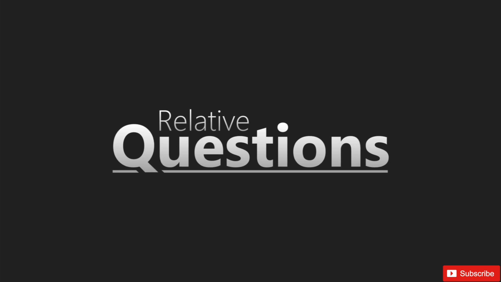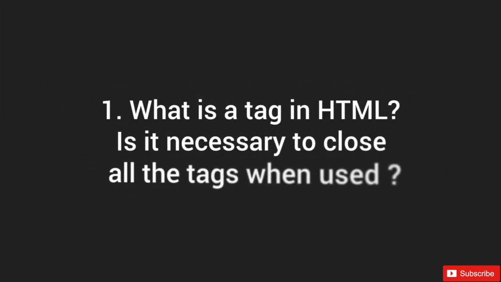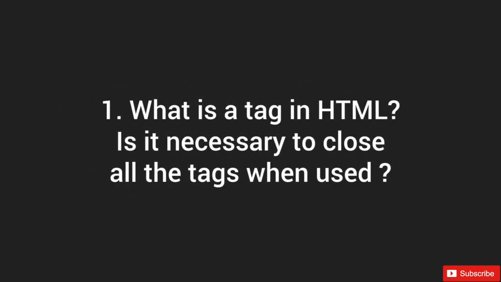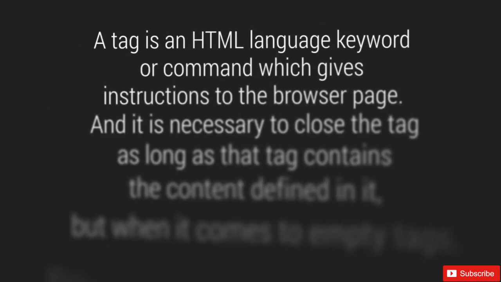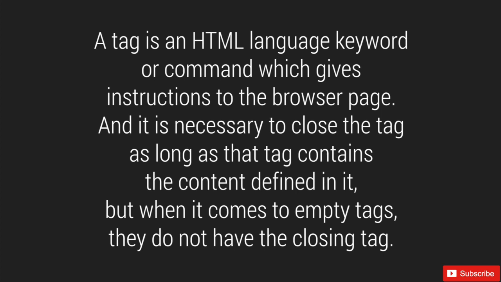Now let's talk about related questions. So the first question is, what is a tag in HTML? And is it necessary to close all the tags when used? Well, a tag is an HTML language keyword or command which gives instructions to the browser, and it is necessary to close the tag as long as that tag contains the content defined in it. But when it comes to empty tags, they do not have the closing tag.